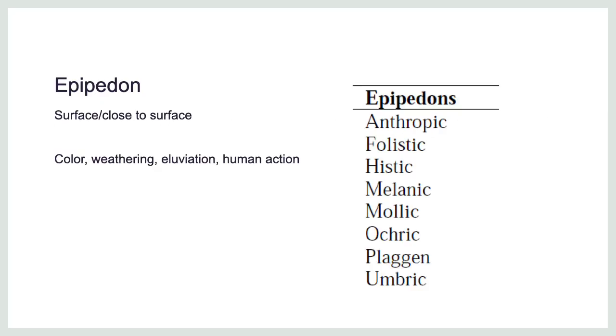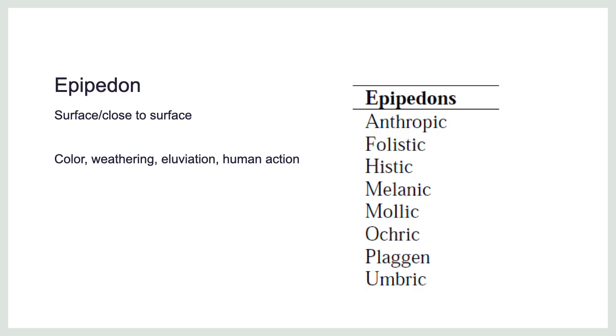Okay. So again, here we can see all the epipedons, all the options. The anthropic, strong human action; folistic, high organic carbon content in non-flooded areas; histic, high organic carbon in flooded areas; melanic, volcanic glass or ash, presence of allophane, imogolite; mollic epipedon, organic carbon stabilized by calcium carbonate or even calcium. Ochreic is that specific epipedon that doesn't fit any other.